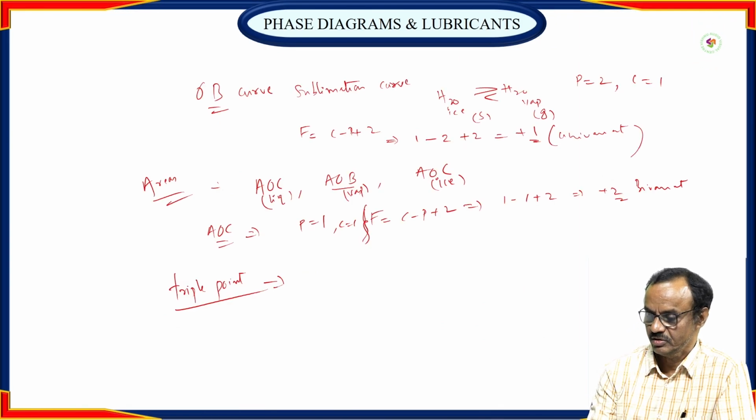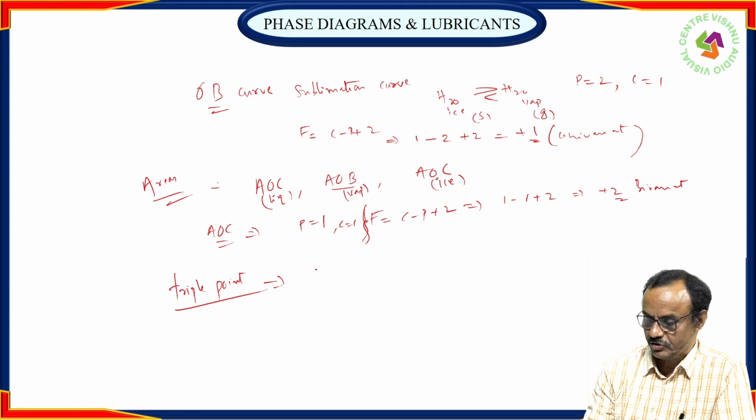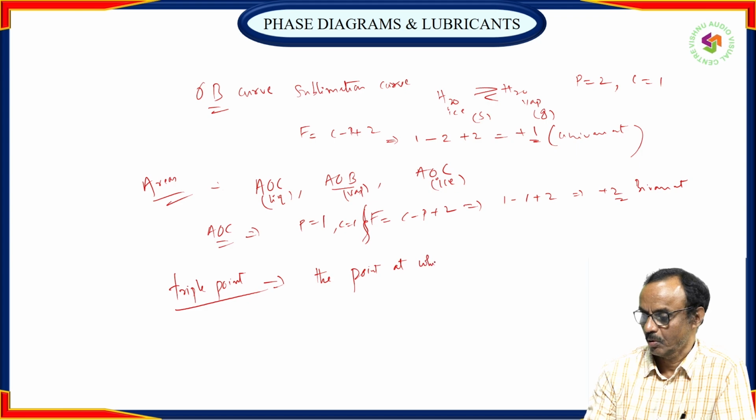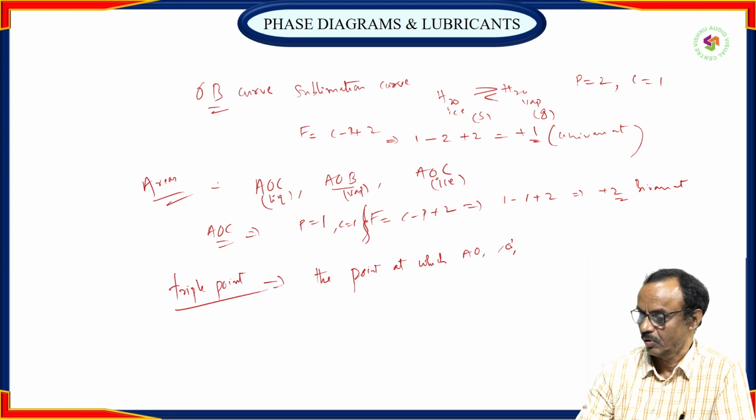At the triple point, the point at which OB and OC meet each other is called the triple point.